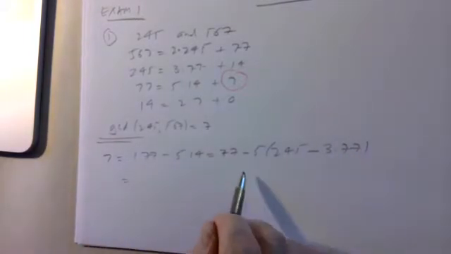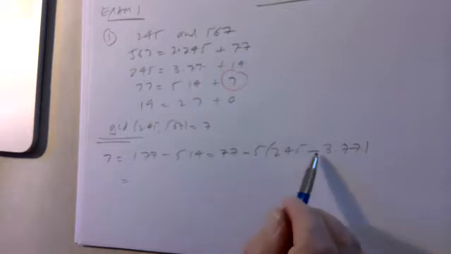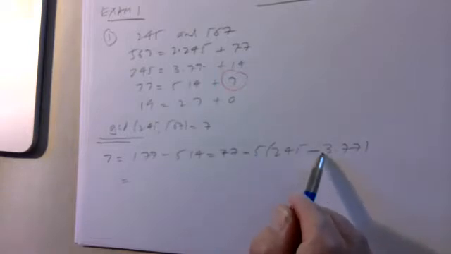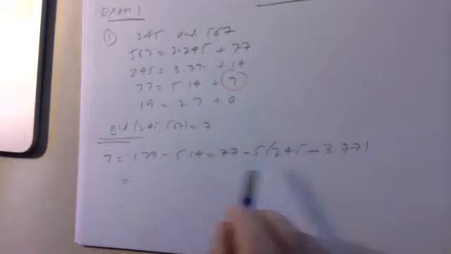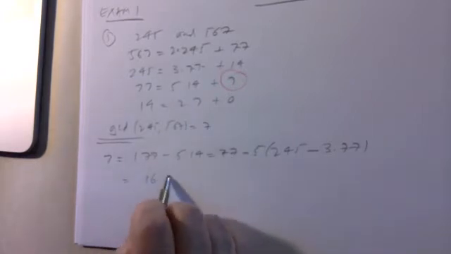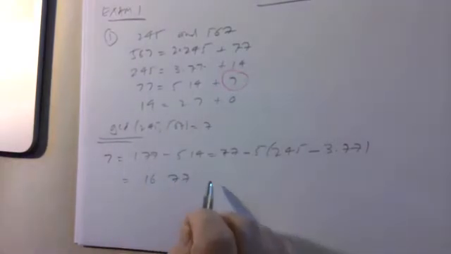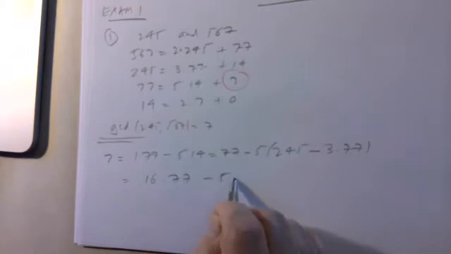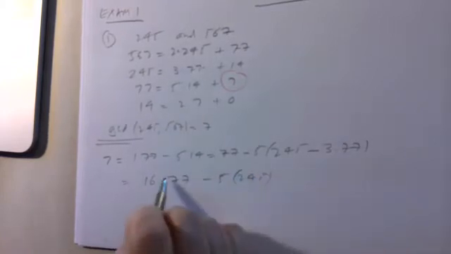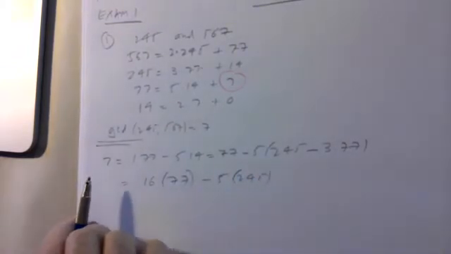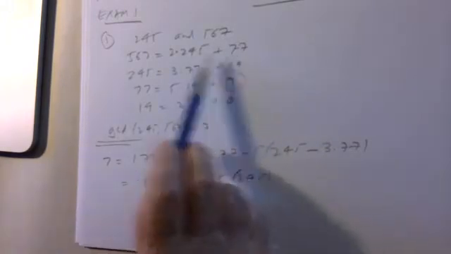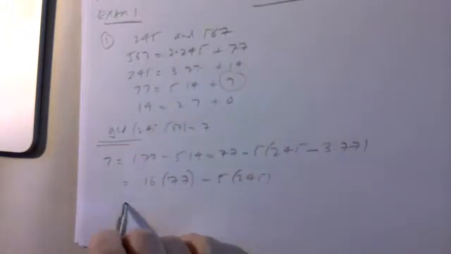So this is equal to minus 5 times minus 3, 15 times 77 plus 1 times 77, 16 times 77 minus 5 times 245. And 77 is this minus this.